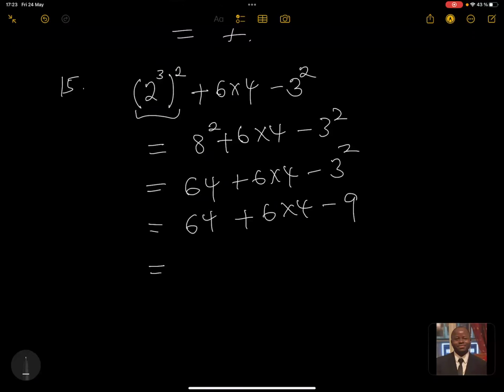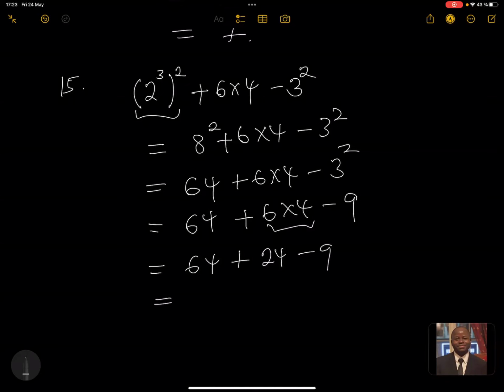Okay, so here I have 64 plus, now I can deal with multiplication, because you have 3 operations: addition, multiplication, and subtraction. So I'm going to deal with multiplication according to PEMDAS. 24 minus 9, right?